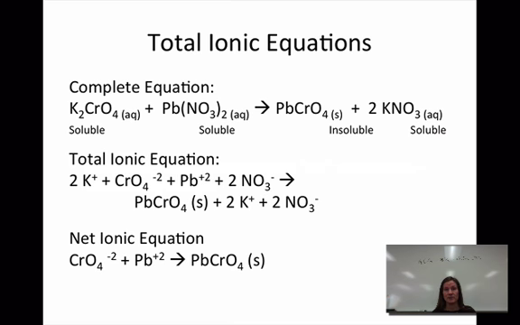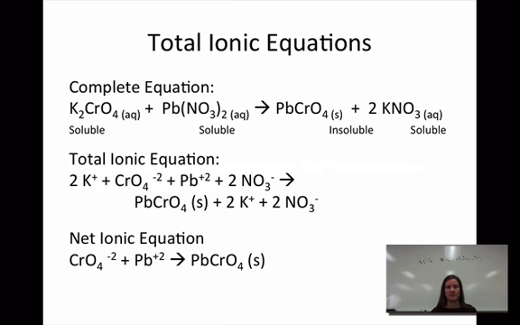The way you determine whether they underwent a chemical change or not is you take your complete equation and make it a total ionic equation, and then from there you come up with your net ionic equation.